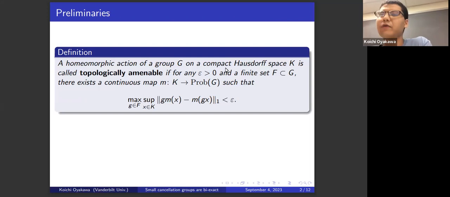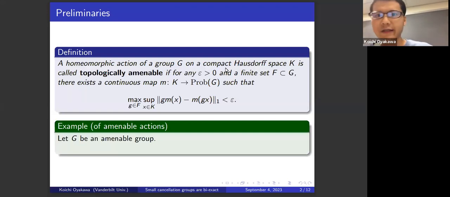And by the way, this continuity is a little tricky. It's not continuous with respect to the L1 norm, but because the probability space is a subset of the L1 space, and the L1 space can be considered as a dual of C0 of G, which is a space of functions that vanish at infinity, this L1 space has the weak star topology, and the continuity means with respect to the weak star topology.